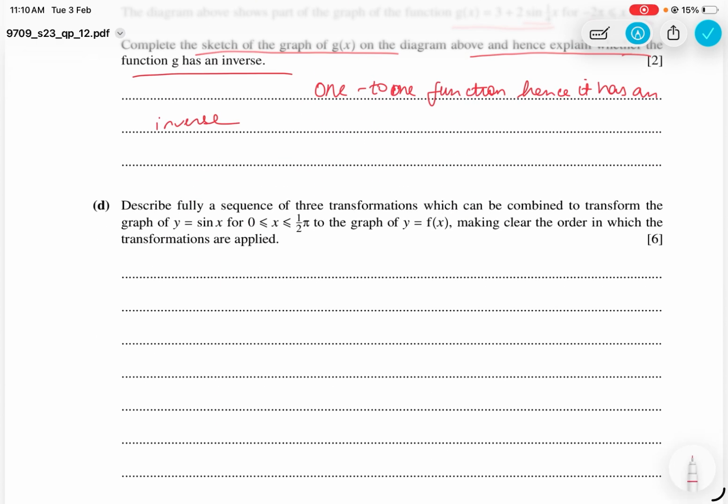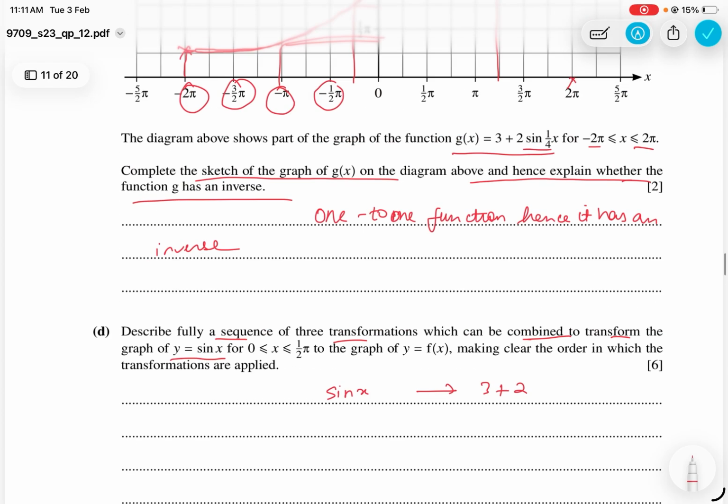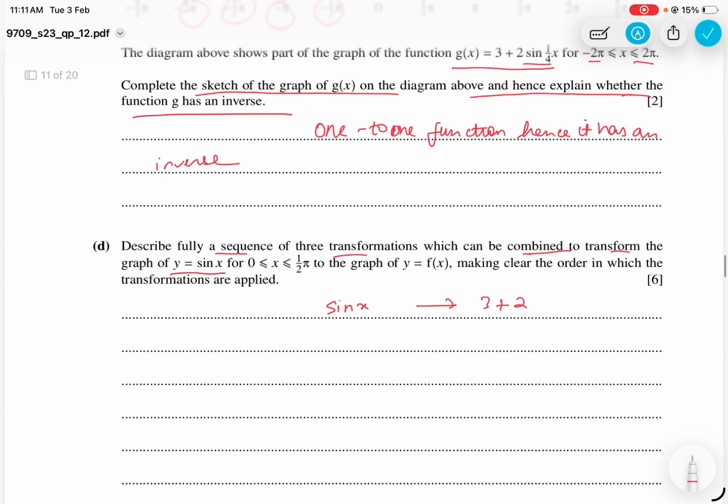Now, they are saying to describe fully three transformations which can be combined to transform the graph of y equals sine x between 0 and pi by 2 to the graph of y equals f x. So we have to make sine x into 3 plus twice sine x by 4.